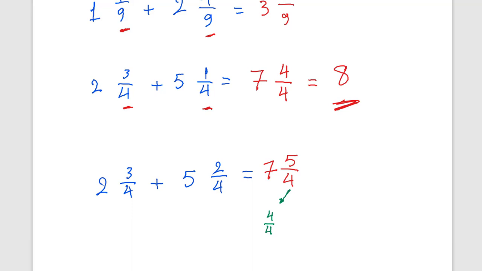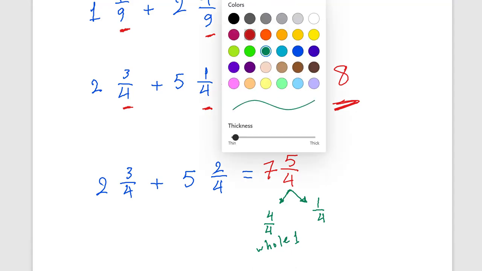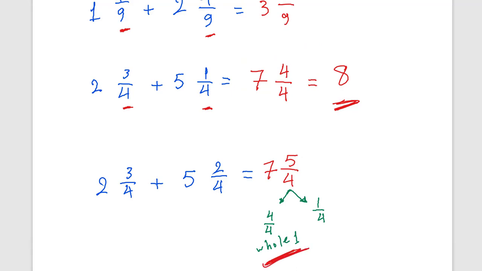So if we take a whole 1, what we have left is only 1/4. So in this case, do the same as the previous question. Take the whole 1 with the whole number, and we have left the 1/4. So in this case, it will be 8 and 1/4. So this is renaming.